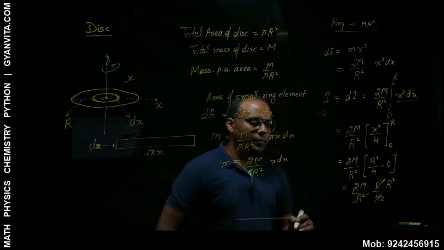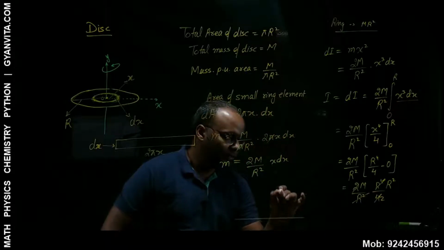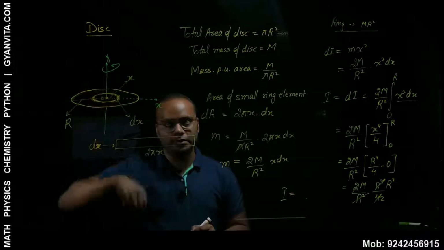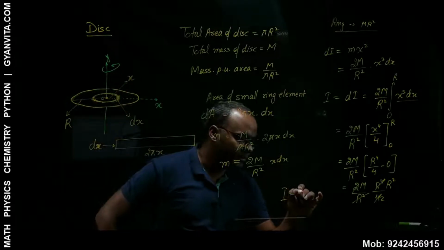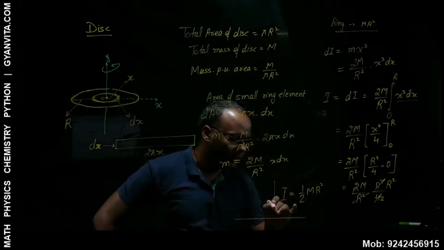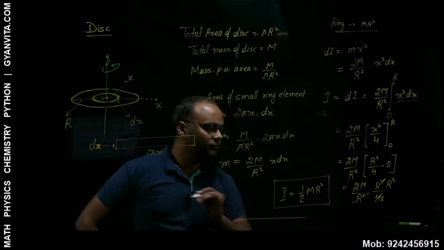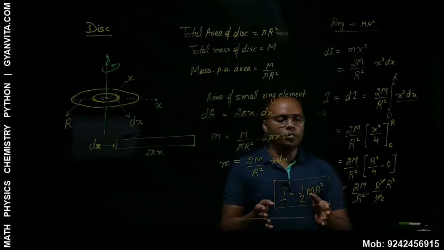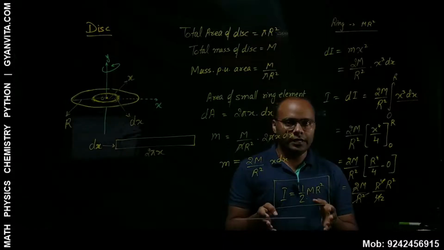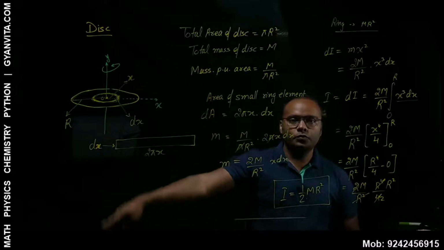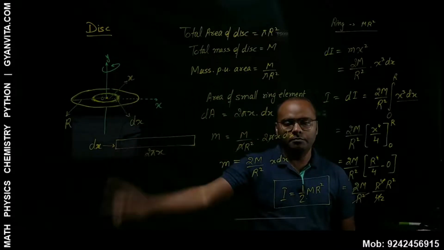So ultimately what you will get is that the moment of inertia in case of the disk about the main axis is 1 by 2 mr square. This is the moment of inertia of the disk about the main axis. So we have found only about the main axis till now.